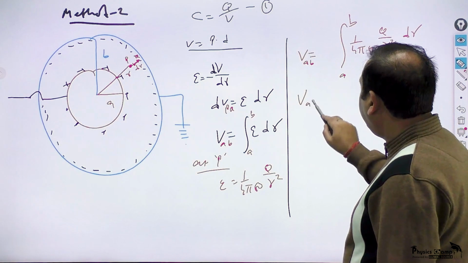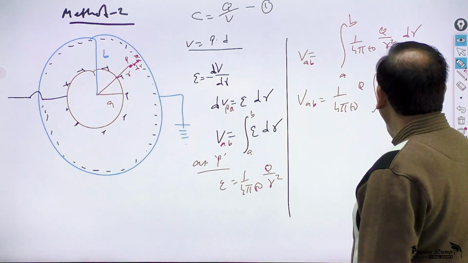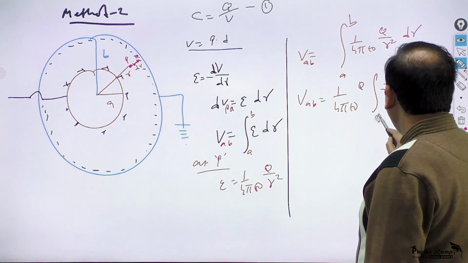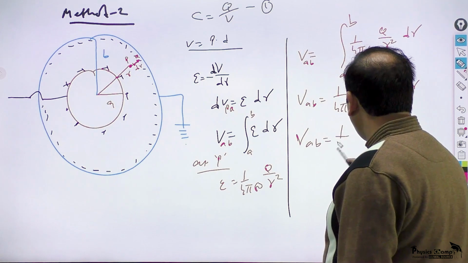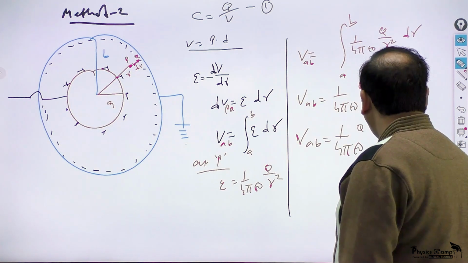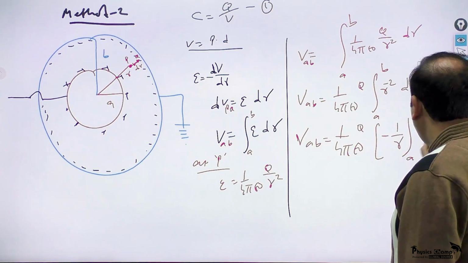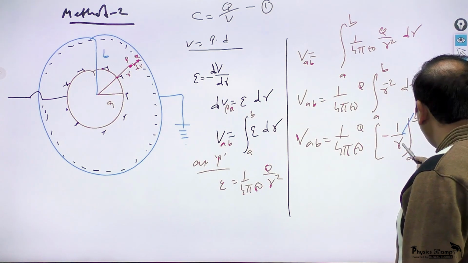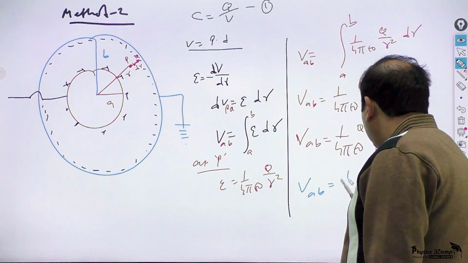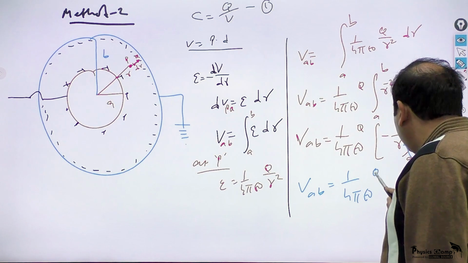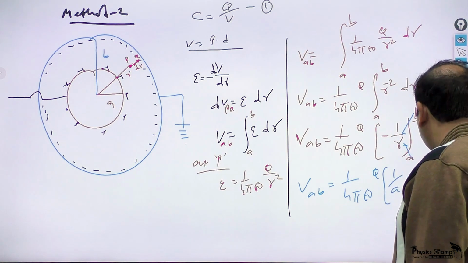So VAB potential difference will be 1 by 4 pi epsilon naught Q integration of r to the power minus 2 dr A to B, and this VAB comes out to be 1 by 4 pi epsilon naught Q, and integration of r to the power minus 2 dr will be minus 1 by r A to B. Now first we put B, then we put A, and VAB comes out to be 1 by 4 pi epsilon naught q, minus 1 by b plus 1 by a, so 1 by a minus 1 by b.